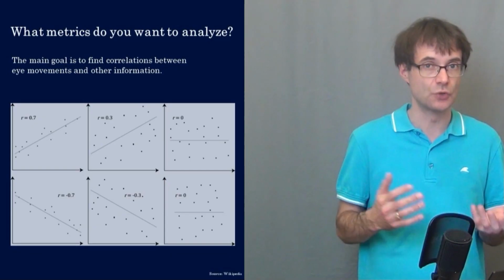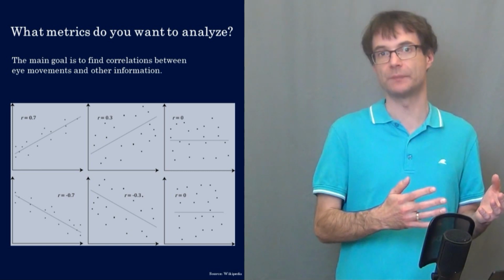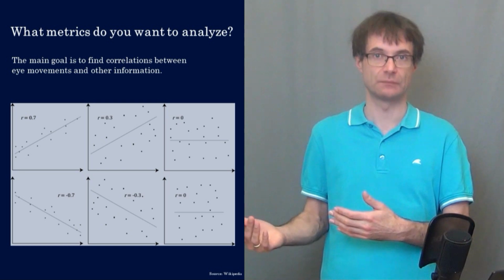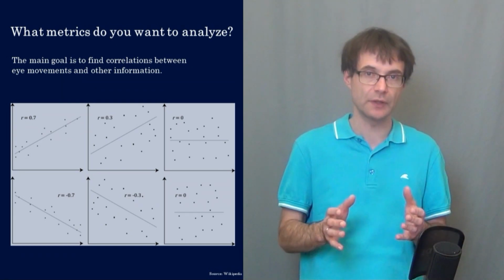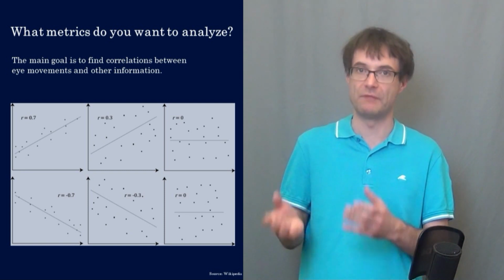And this approach is called a controlled user experiment. Most times the goal is to find correlations between the eye movements and other information. Correlation means we are looking for the relationship between 2 or more variables.